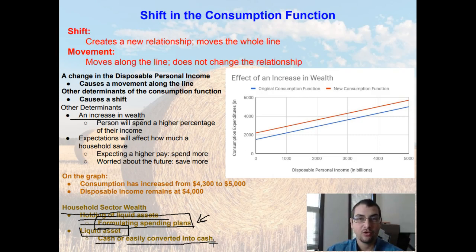Savings accounts at your local bank are often considered liquid assets, because if you have money in your savings account, you can just go withdraw it and use it as if it were cash today. Money markets and mutual funds are considered liquid assets. Things that can be easily converted into cash are liquid assets.